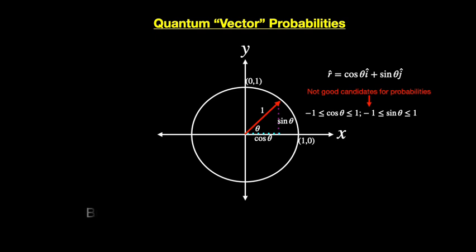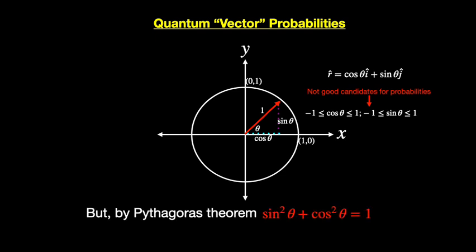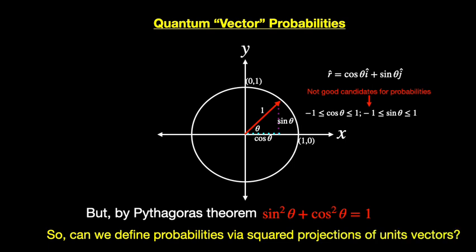Just using Pythagoras theorem, we know for this unit vector that cosine square theta plus sine square theta equals 1. And cosine square theta lies between 0 and 1, and likewise sine square theta. Can we use this idea of taking projections of unit vectors along its orthogonal basis vectors, squaring them, and using that as probabilities?